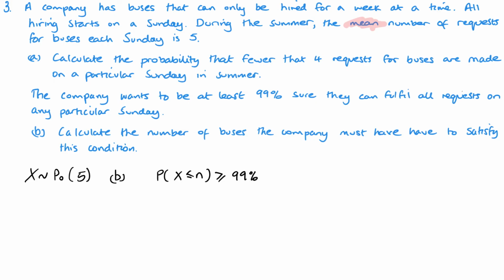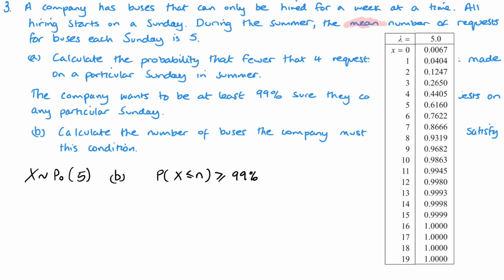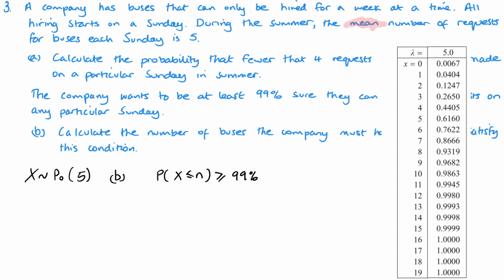So when I think about this, the easiest thing to do is have a look through our tables, isn't it? Because our value of lambda hasn't changed. And we're looking in our tables for 99%. So have a look here in our tables. Here we have 2 values.